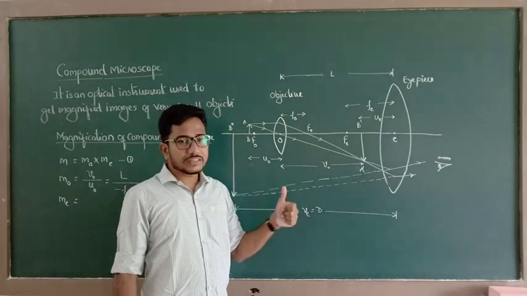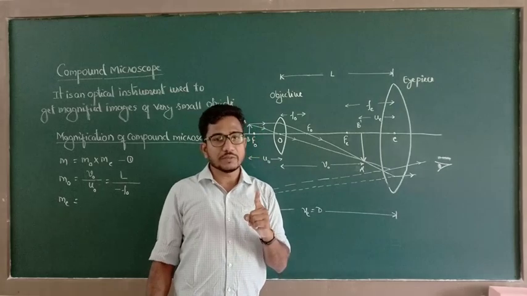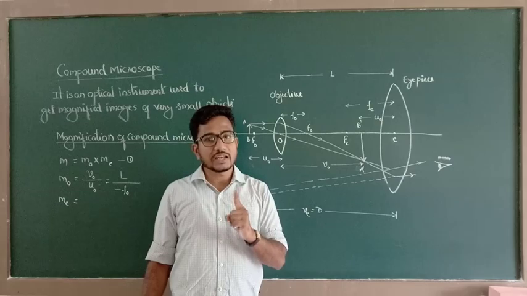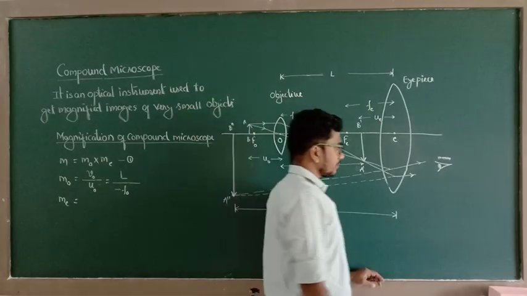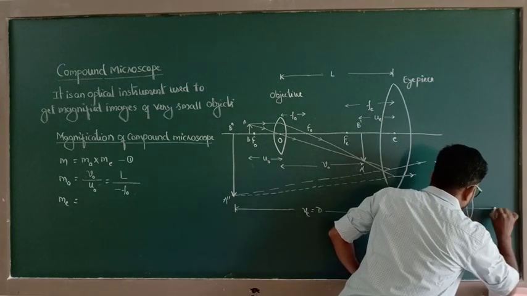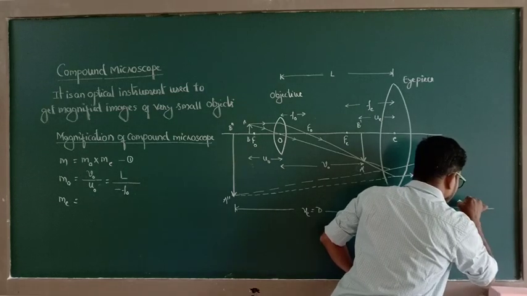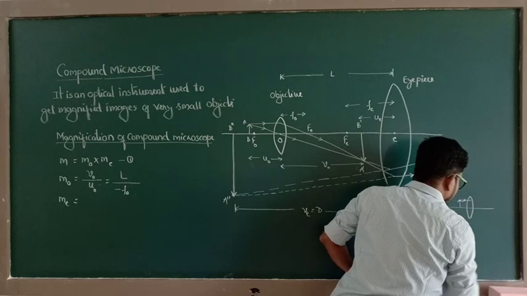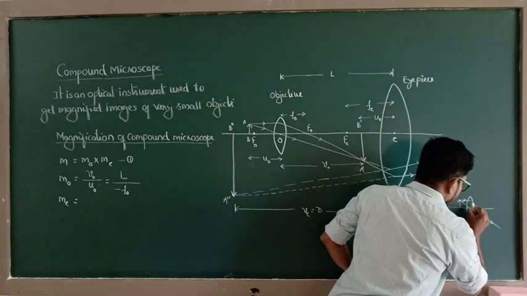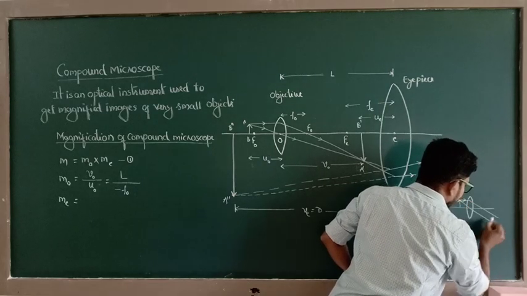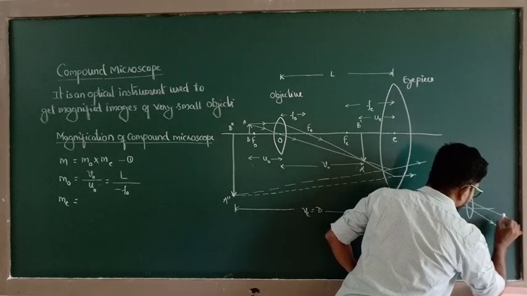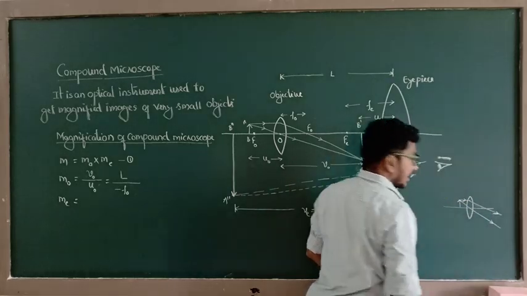See here, in case of a convex lens, when the object lies between the principal focus and the optical center, then the image of that object lies on the same side of the object. Convex lens, principal axis, object: an incident light ray parallel to the principal axis, and an incident light ray made to pass through the optical center. Then here we will get a divergent beam of light, the direction of the refracted light.